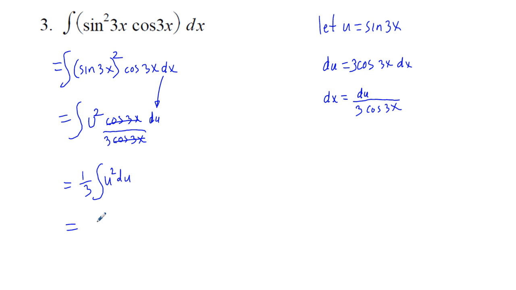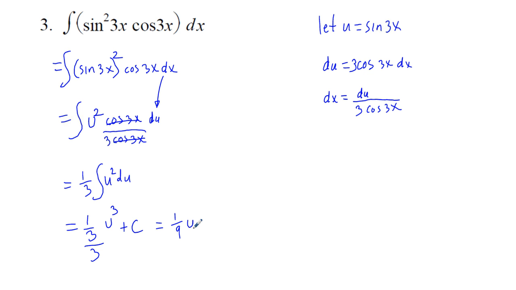And integrating, we have 1/3 u to the 3rd power divided by 3. Put 3 down here. And we have plus c. And what do we have here? 1/3 divided by 3 is 1/9.